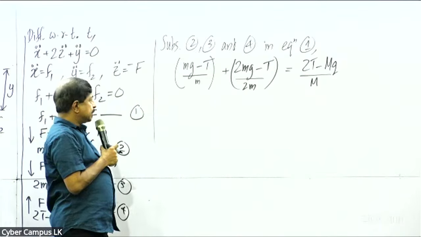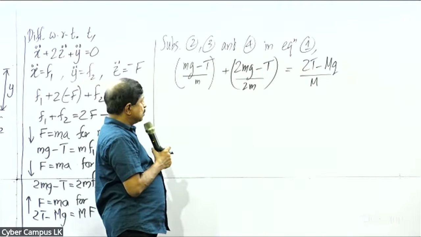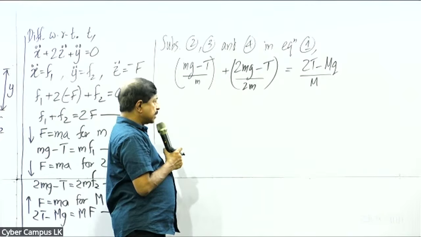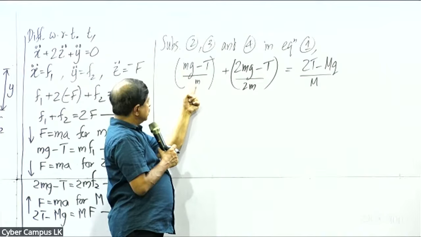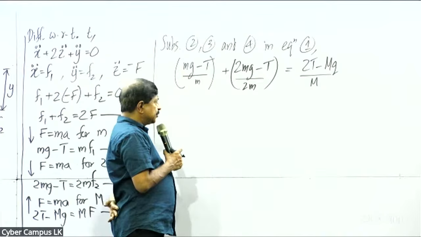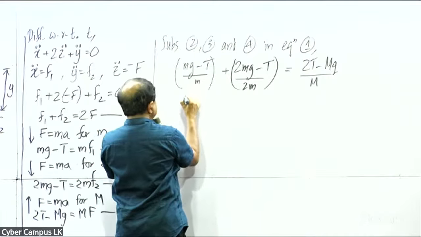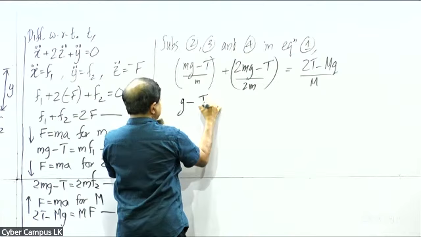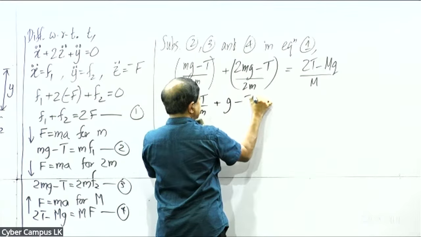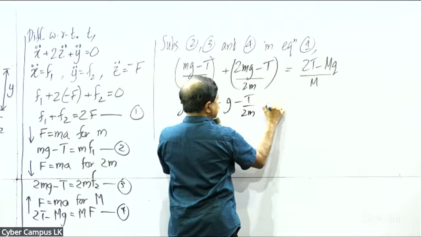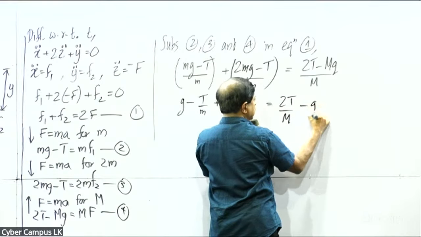So basically that's it. Now one thing you can do is multiply everything by 2 simple m times capital M, or you can divide each piece by this and then make T the subject. Both methods work. If you divide this by m, you get g minus T over m. You get g minus T over 2m is equal to 2T over capital M minus g.